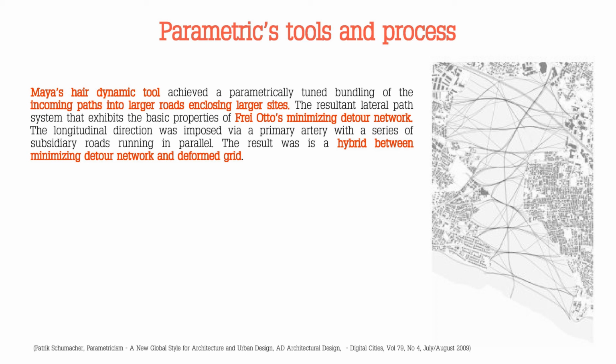So the competition in this case was to generate an urban plan for a very large area of a city which was completely empty for some historical reason. So one of the key problems that the urban planner has to find is the connection between the different parts of the city.